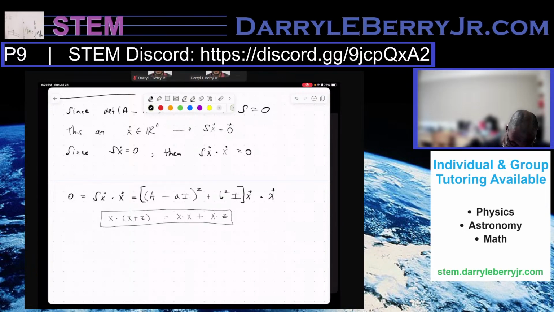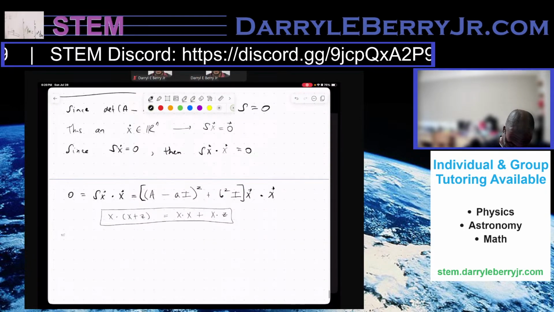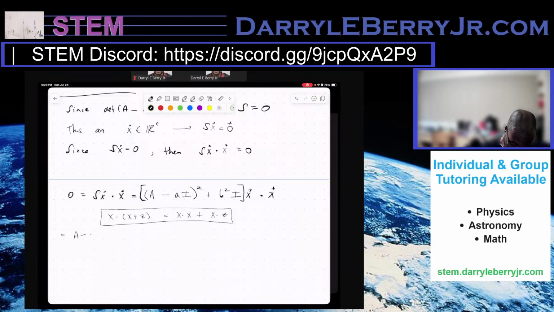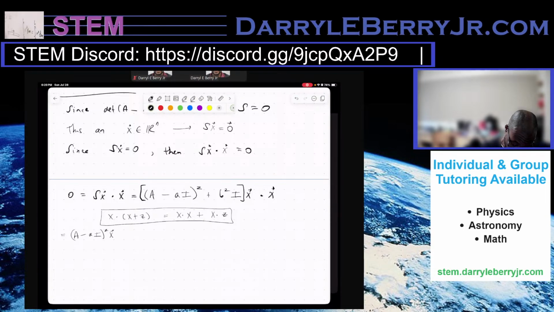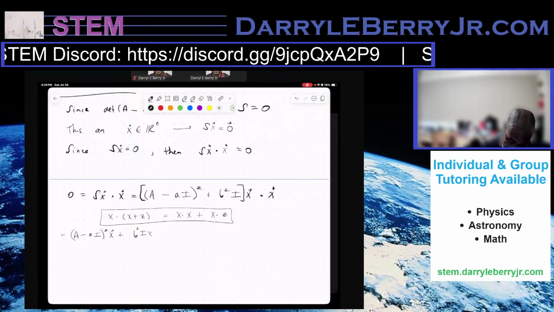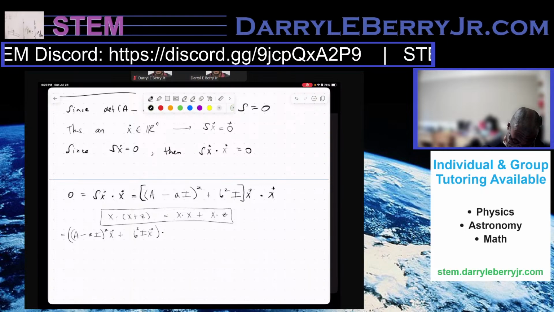So we can say that this is (a minus ai) squared x plus b squared ix, and all of that is dot product x.